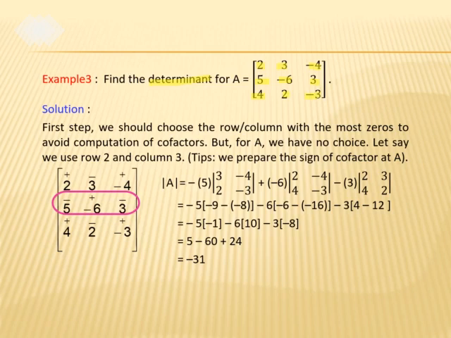First step, we should choose the row or column with the most zeros to avoid computation of cofactors. Okay, why most zeros?